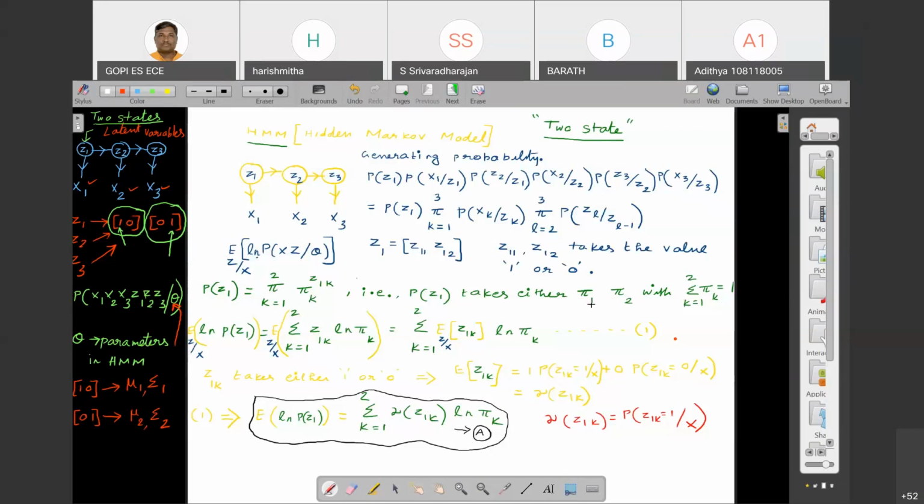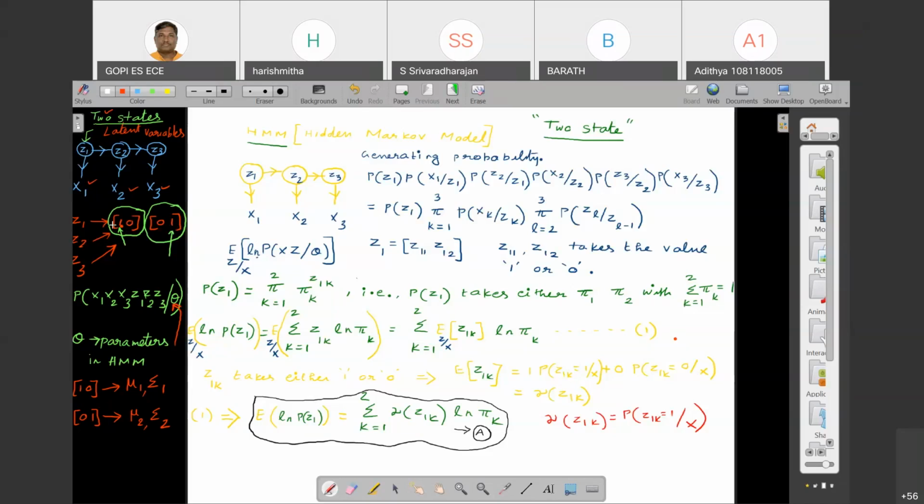You have to be careful that z1, z2, z3 are all latent variables. The number of states is actually 2. It is not necessary that I have 3 latent variables and therefore 3 states. You can have the number of states be 2, but the latent variables are associated with the corresponding vectors generated from this model. z1, z2, z3 are random vectors, variables, which take outcomes like 1 0 or 0 1.